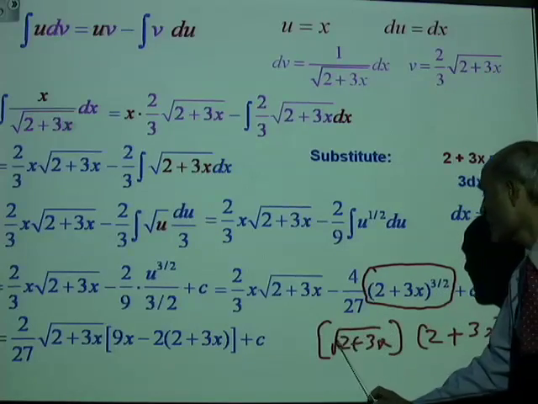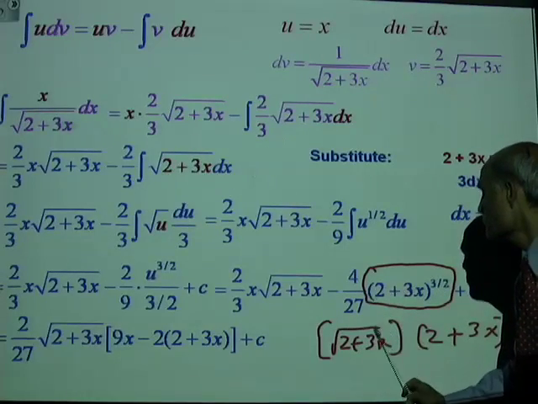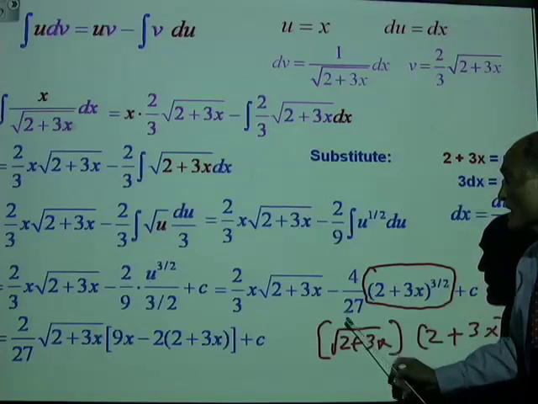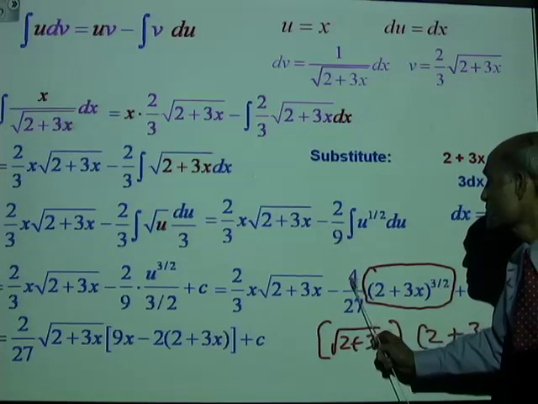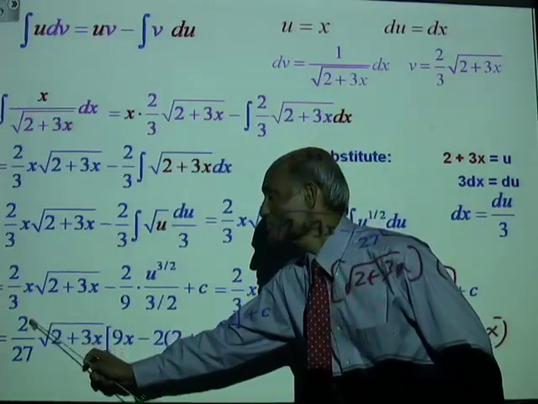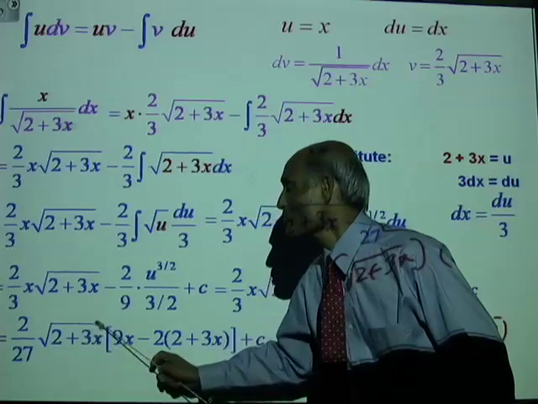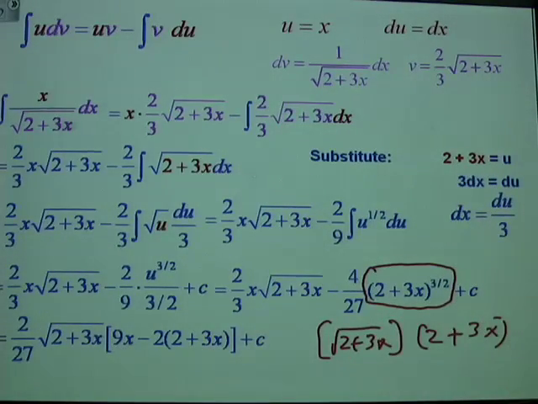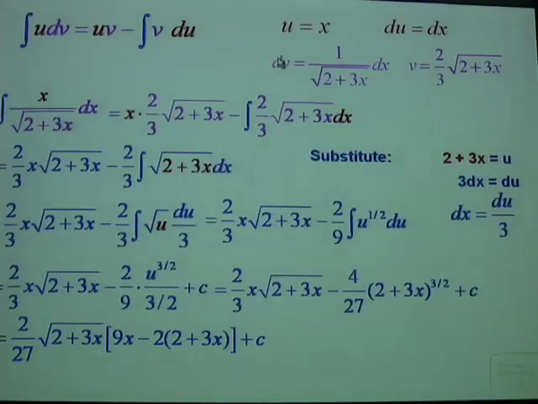So I can actually factor out a square root 2 plus 3x from there. And is there anything else? Also a 2 over 27. So I'm going to factor out a 2 over 27 square root 2 plus 3x and see what is left after factoring that out. What is left in here?